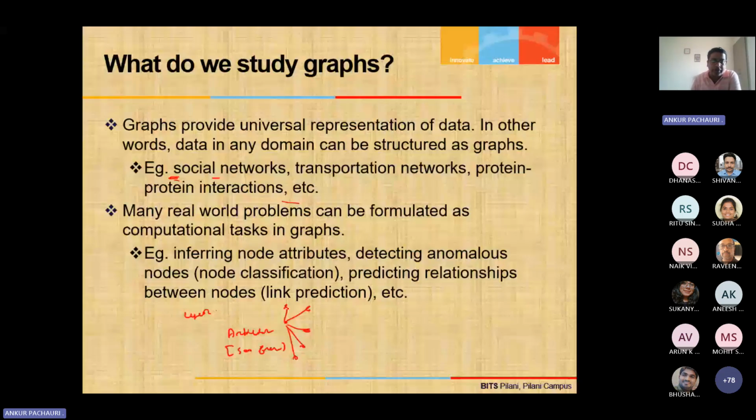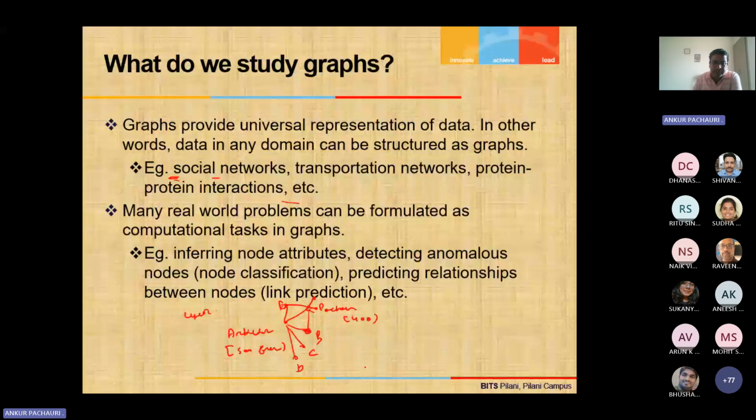So suppose Ankur is a friend of Pachori. Pachori may again have 400 friends. Some of them may be outside, some of them may be repeated. And the same is the case with B with C, D, E, and so on.